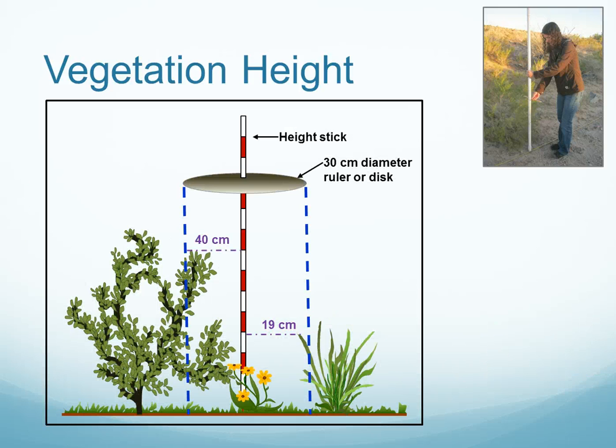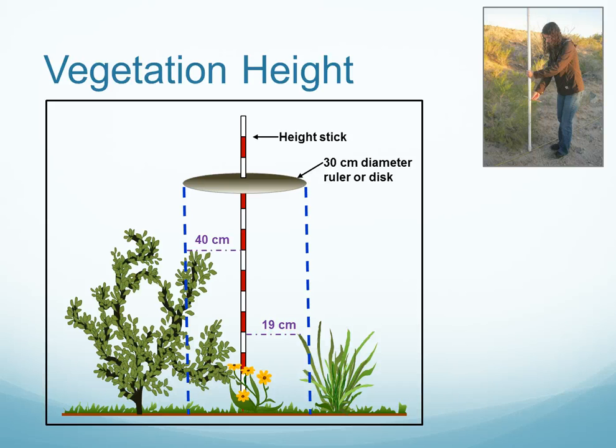Now the way we take measurements is by observing the plants and the plant material that occurs inside this imaginary cylinder. In this case, remember, we're going to measure both woody plant and herbaceous plant height.